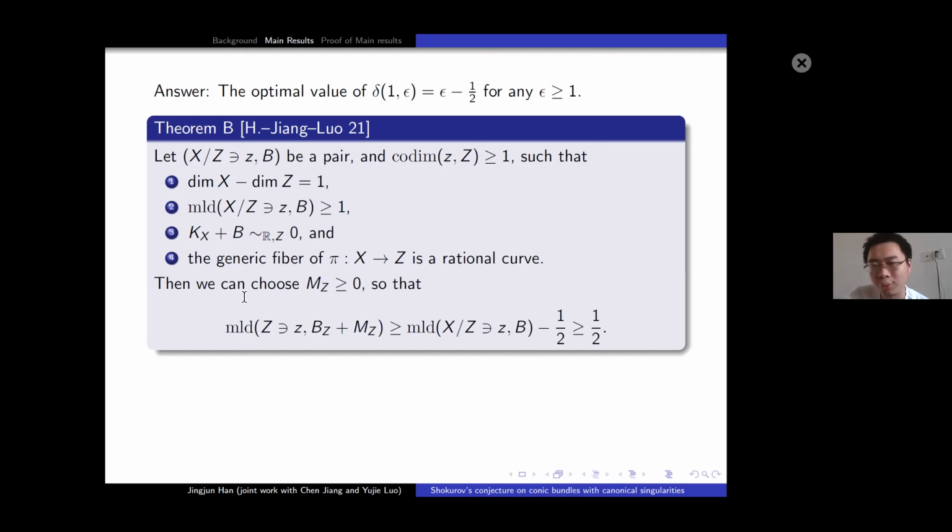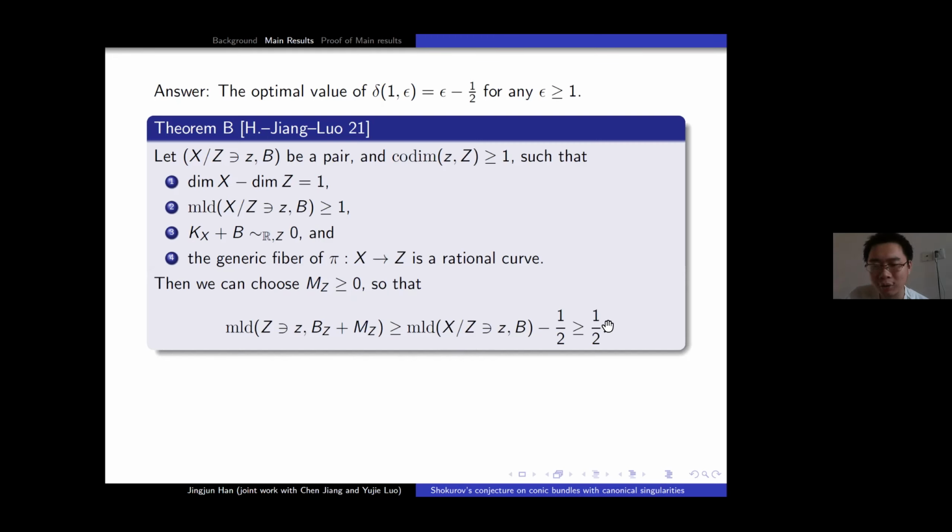Then we show that we can choose the moduli part to be an effective divisor, so that the MLD of this pair is larger than the MLD of the pair (X,B) minus 1/2. So we can forget about the moduli part.